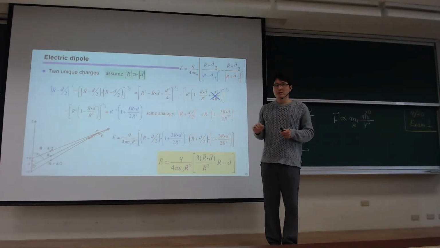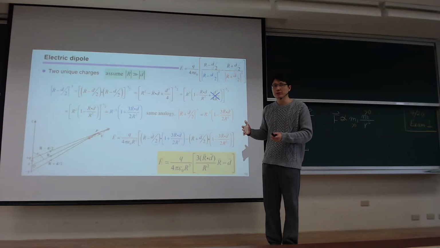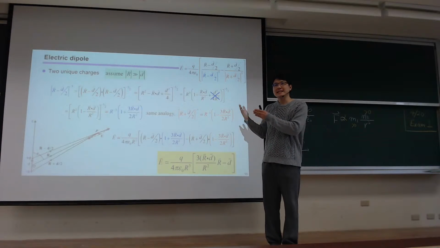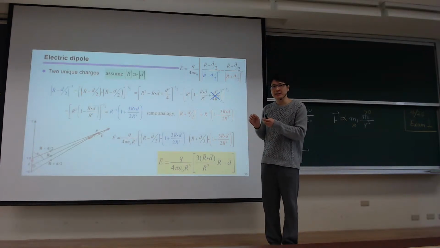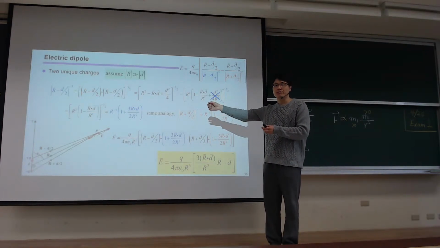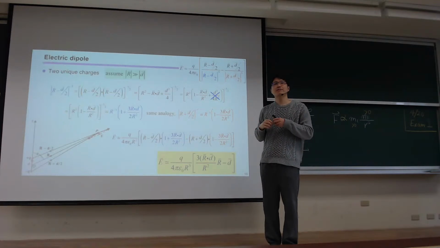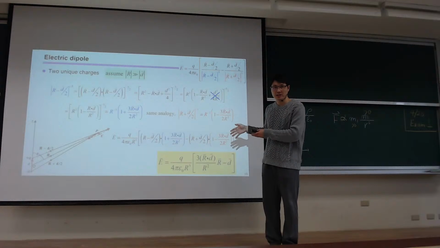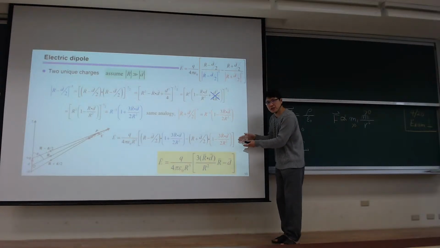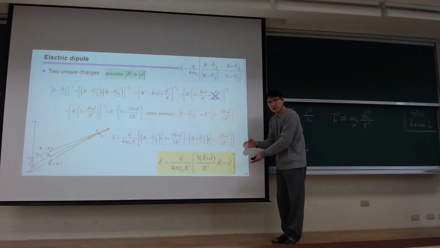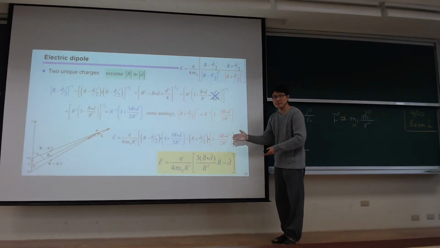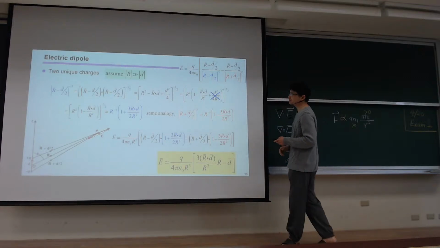Up to now, I'm showing you one example of using Coulomb's law for discrete charges. But when you are far away from the charges, you can further make assumptions and simplify your result. But let me just stop here for this case. I will come back to it when the time approaches.